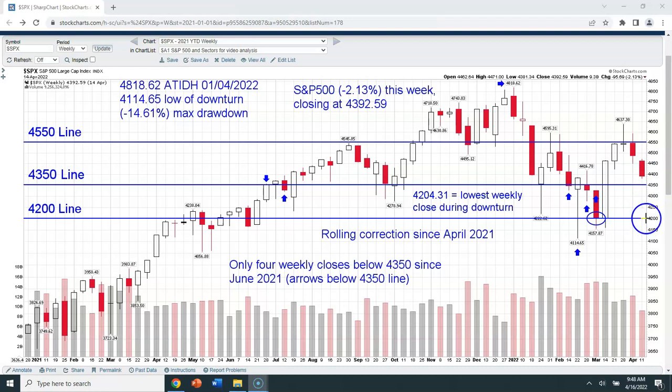This is starting to really look like a potentially dangerous setup here, guys. And if 4,200 doesn't hold, then the next support level is going to be way below 4,000.